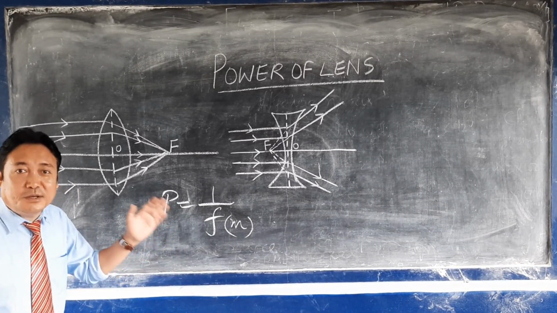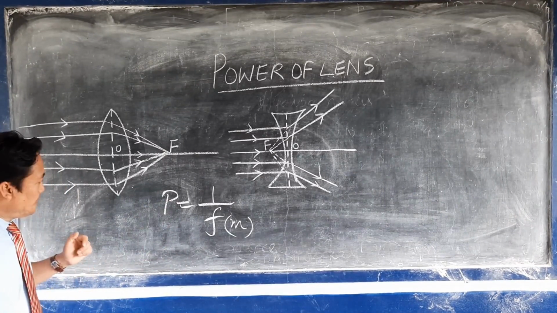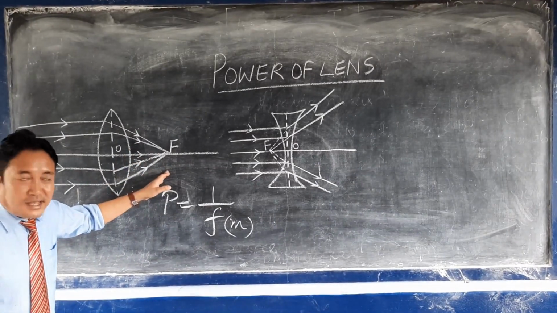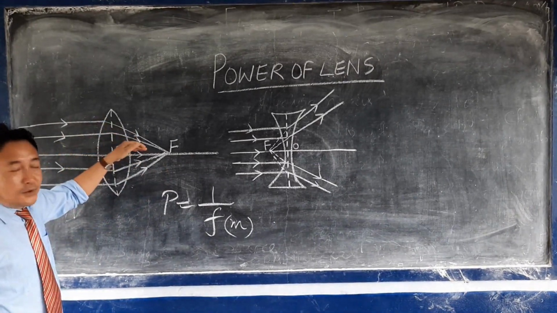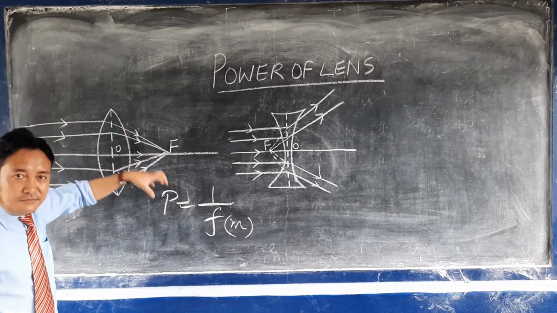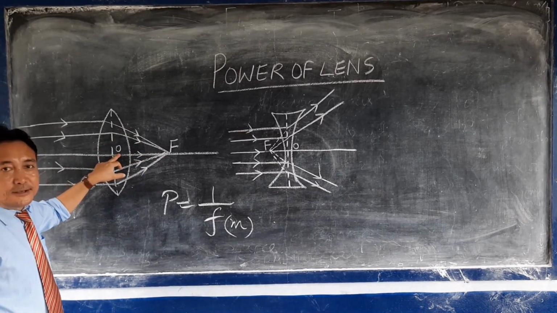So how does this happen? The focal length is less when the refracted rays focus or converge very close to the optical center.